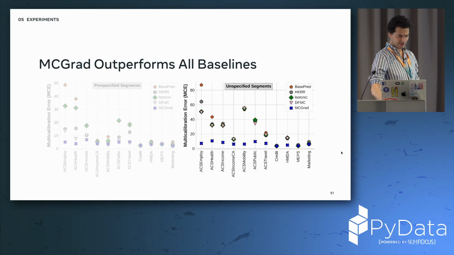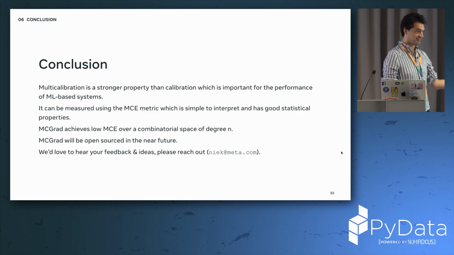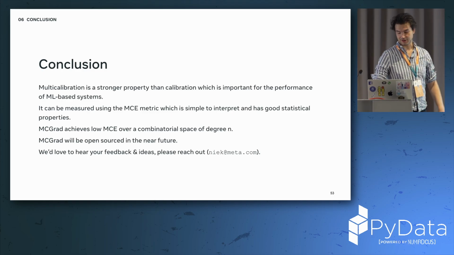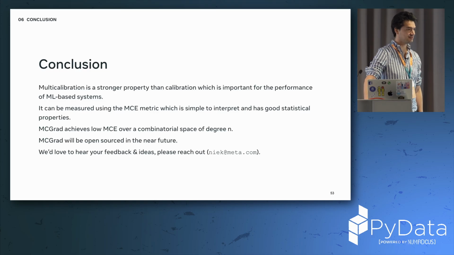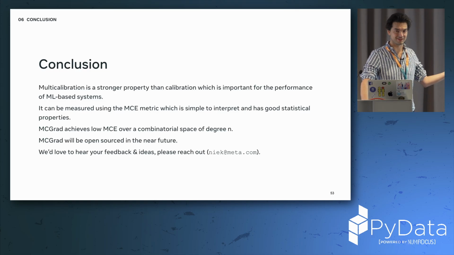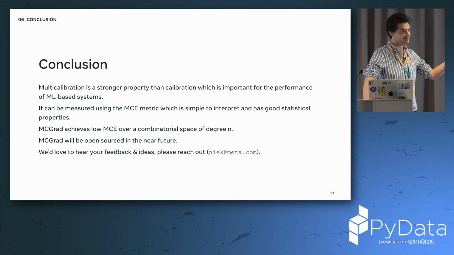I didn't touch upon this much in this presentation, but if you look at the AI fairness literature, and at conferences like FAccT that study fairness in AI, there are more and more papers claiming that multi-calibration is fairness, and that to be fair, you need to be multi-calibrated.